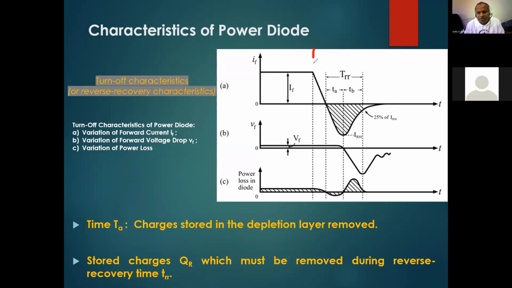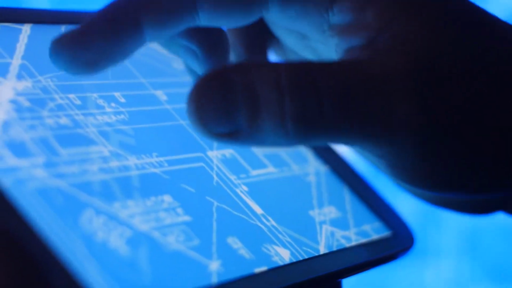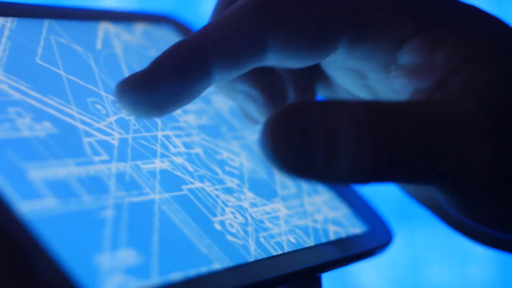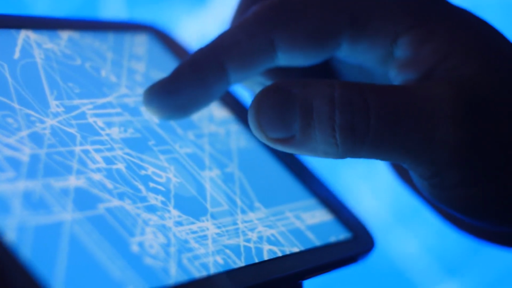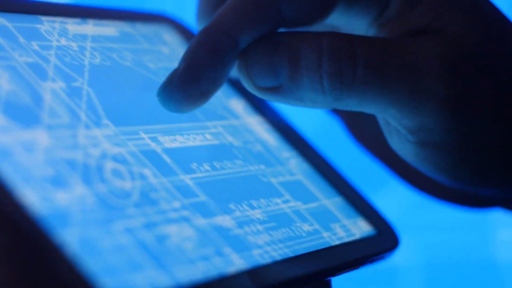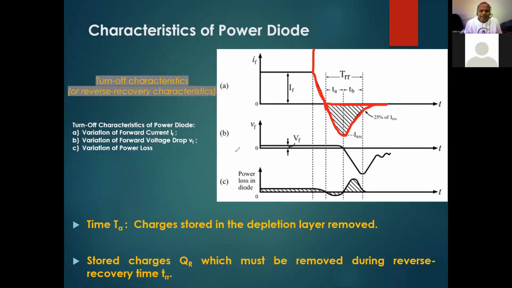You apply the reverse bias voltage, and the current starts decreasing, due to the storage of charge in the depletion layer. This stored charge requires some time to recombine and neutralize, and come to zero. You can see that when it is coming to zero, this is the area.